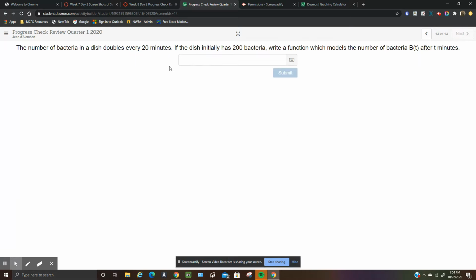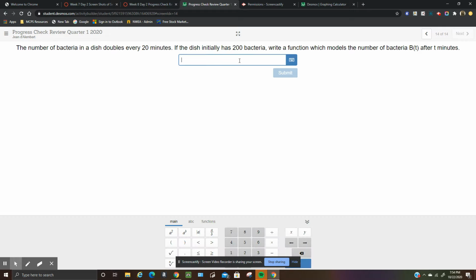All right, the number of bacteria in the petri dish doubles every 20 minutes if the dish initially has 200. So you want to write this kind of equation. And we talked about this already. B exponent t.